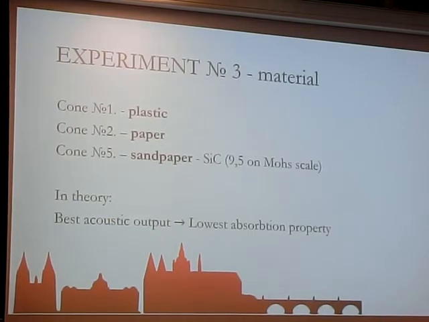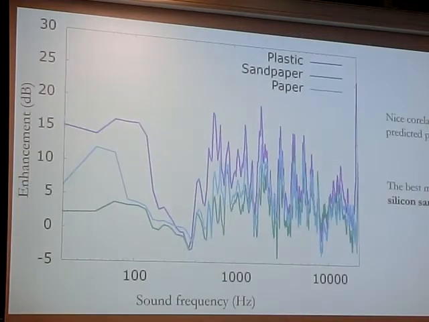Also, as mentioned in the past, we've changed materials so we could find the best material for the properties of the sound. In theory, we would like to have the lowest absorption for this reason. So that's the comparison between materials.